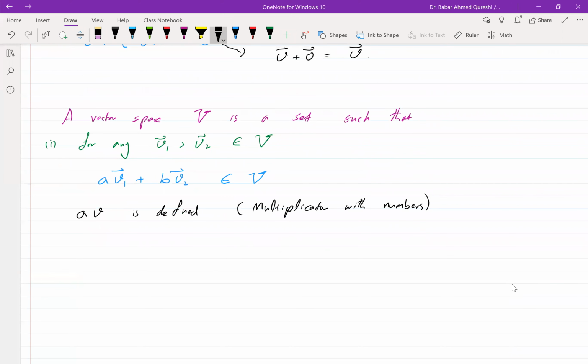And this multiplication by numbers is defined and addition is defined. That you take two vectors, you can add them. So these two operations exist, and that I have combinedly written over here.